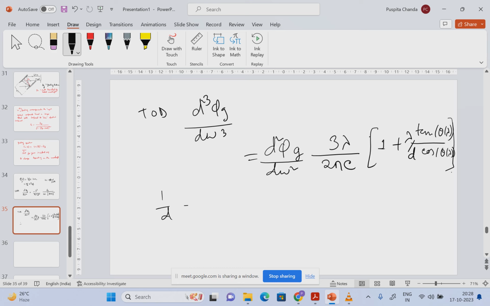Typically 1 by d is of the order of 1200 lines per millimeter and gamma is of the order of 28.6 degrees. This is the grating angle.